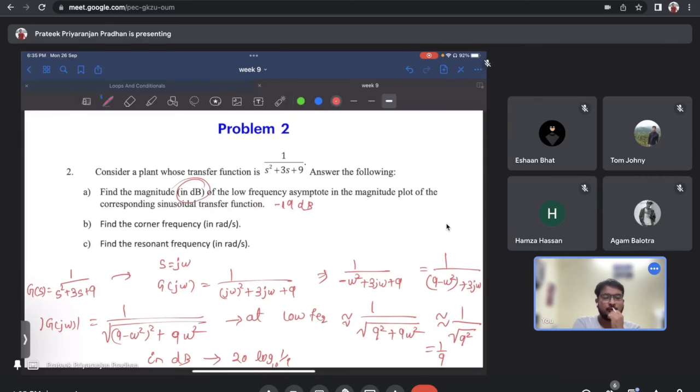At the local maxima and the local minima, the derivative df of x by dx is equal to 0. Do you remember this concept?